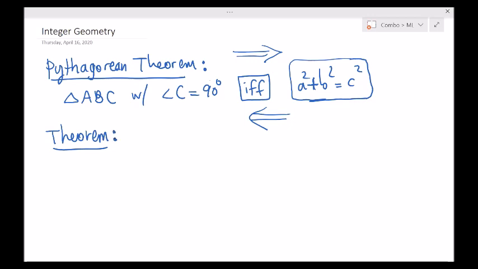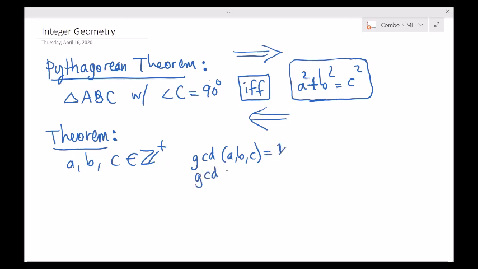So the theorem says the following. If a, b, c are positive integers, and they have no common factors, the greatest common divisor of a, b, c is 1. Actually, we will need more than that. We also want the greatest common divisor of a and b, of a and c, and of b and c to be also 1.